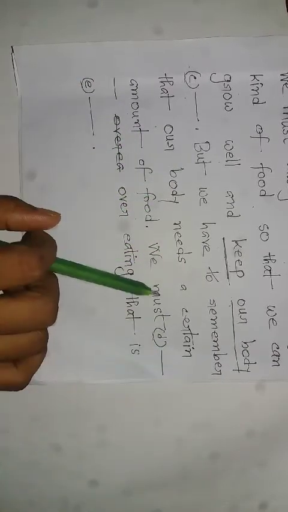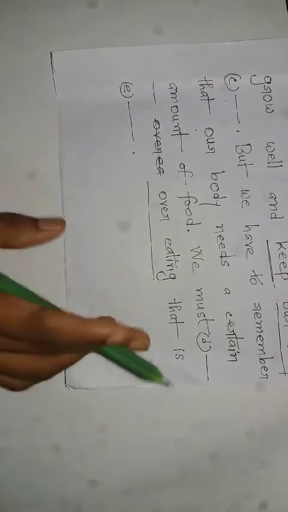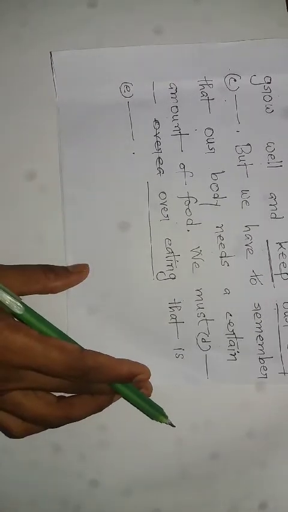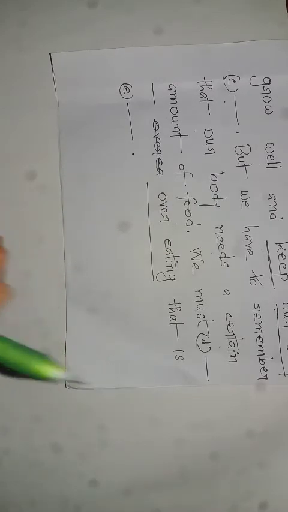Now see the part of the sentence. Our body needs a certain amount of food. That is, we should not take food as much as we wish. Then we must notice the word overeating. This very word is a significant clue to find out the right word, as overeating is unexpected to our body. Everybody should avoid overeating, that is harmful or detrimental.